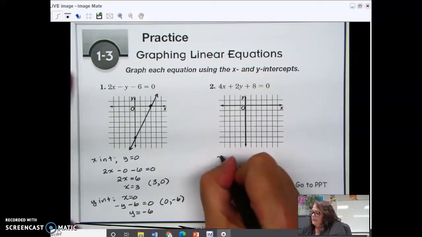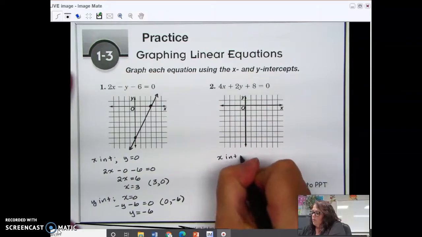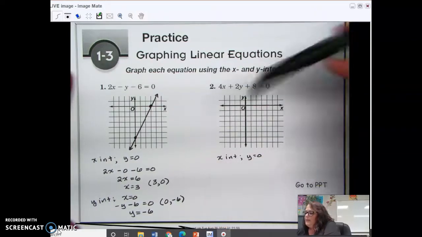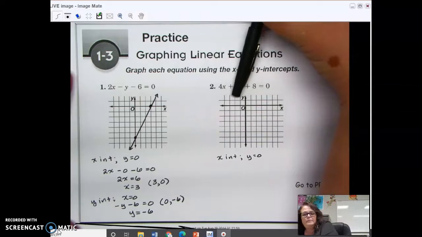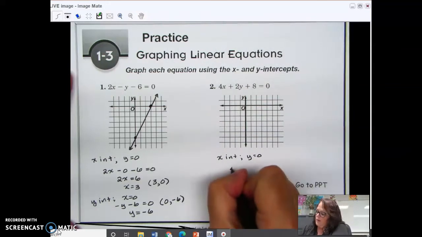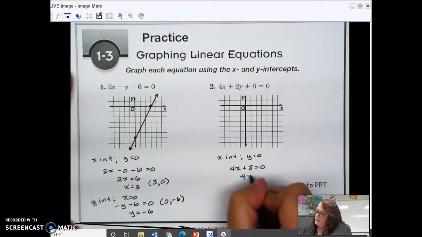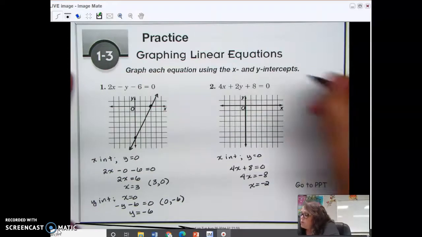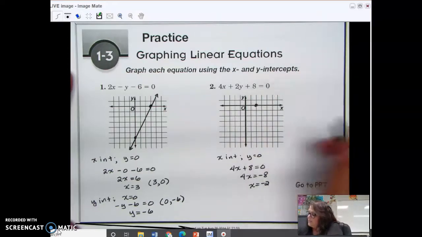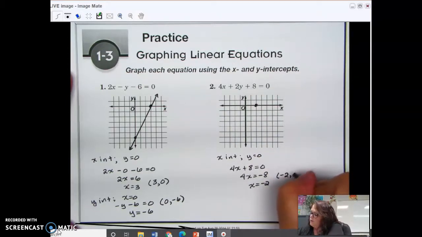If I let my y equal 0, then this 2y would become 0, and I get 4x plus 8 is equal to 0, which makes 4x equal to negative 8, and x equal to negative 2. So I have an x-intercept at negative 2, 0.